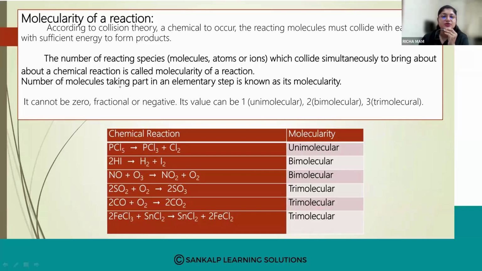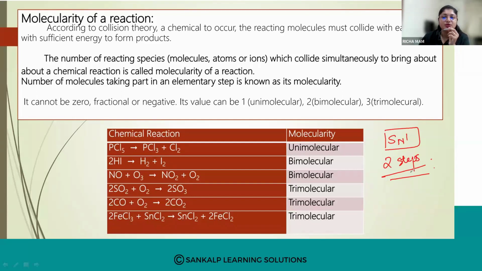If the reaction is proceeding through many steps, then it gives rise to a complex reaction. A complex reaction involves a mechanism. Now we have seen in your haloalkanes and haloarenes the SN1 reaction. In the SN1 mechanism, there is a two-step reaction. The reaction will not proceed in one step, but in two steps.